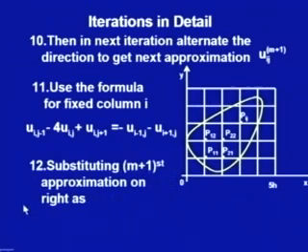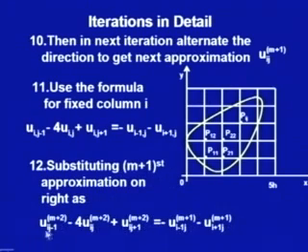Thus we get the equation u i j minus 1 at m plus 2 minus 4 u i j at m plus 2 plus u i j plus 1 at m plus 2 is equal to minus u i minus 1 j at m plus 1 minus u i plus 1 j at m plus 1. On the right hand side we put the m plus first approximate values, and we are trying to find the m plus second approximation for u i j's.